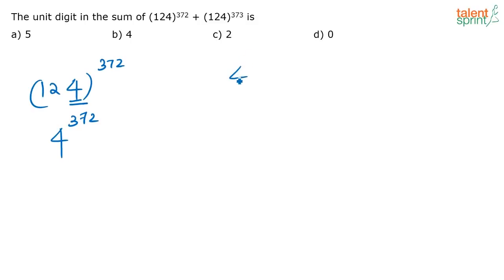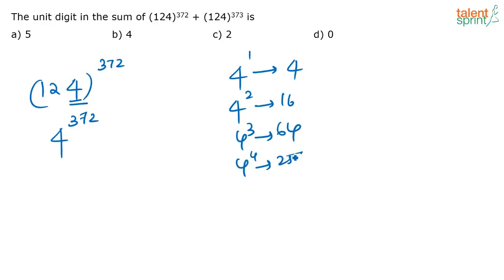Now let us look at the steps of 4. 4 to the power 1 is 4, 4 squared is 16, 4 cube is 64, 4 to the power 4 is 256. Basically, the pattern is 4, 6, 4, 6, correct? Any even power of 4 will end with 6 and any odd power of 4 will end with 4. So you have an even power here, so this has to end with a 6 for sure.